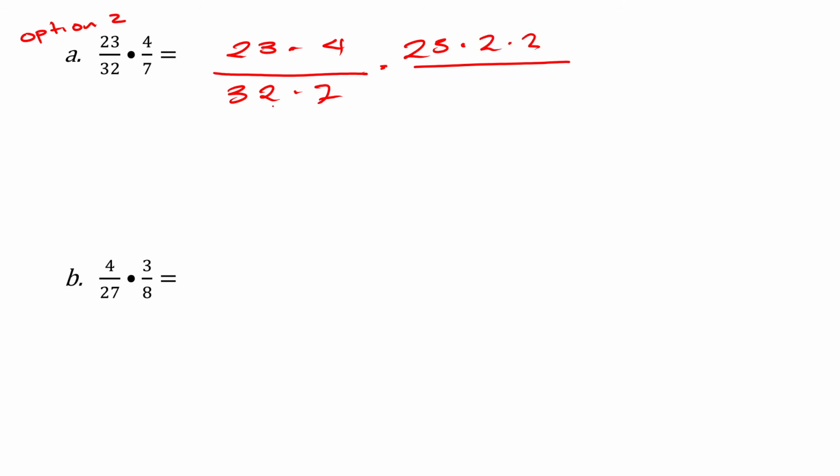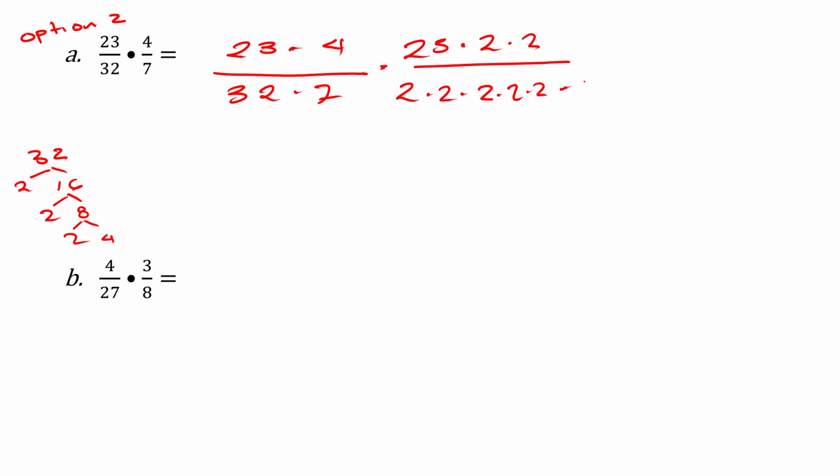How about 32? Well, let's do the factor tree. 2, and then this is 16. 16 is 2 and 8, and 8 is 2 and 4. So that means 32 is actually 2 times 2 times 2 times 2 times 2, and then 4 is 2 times 2.